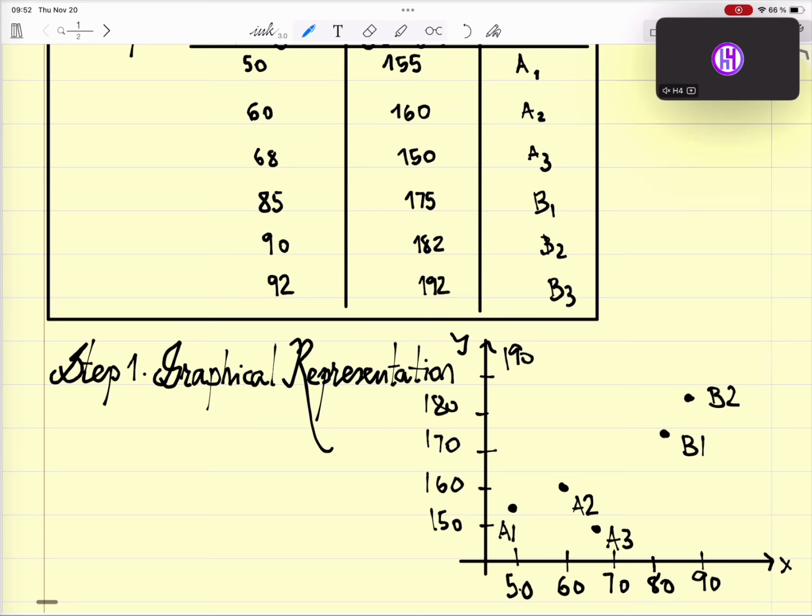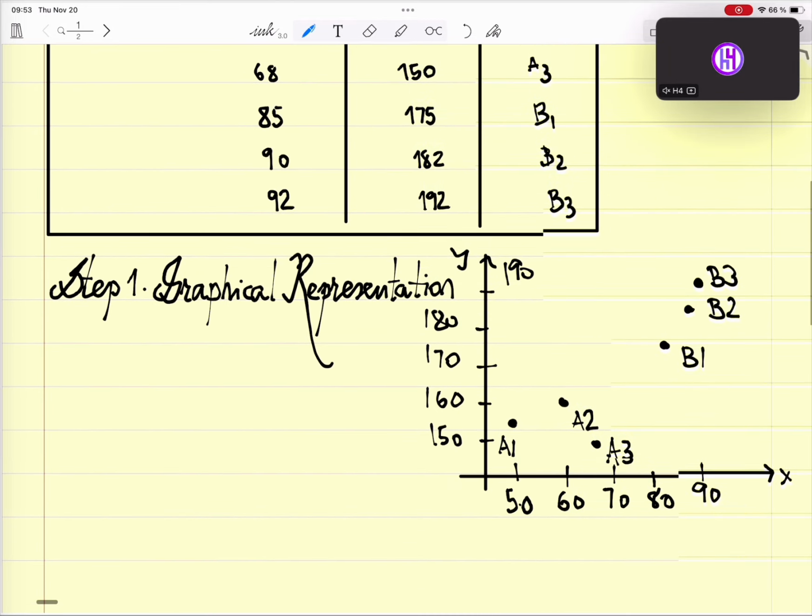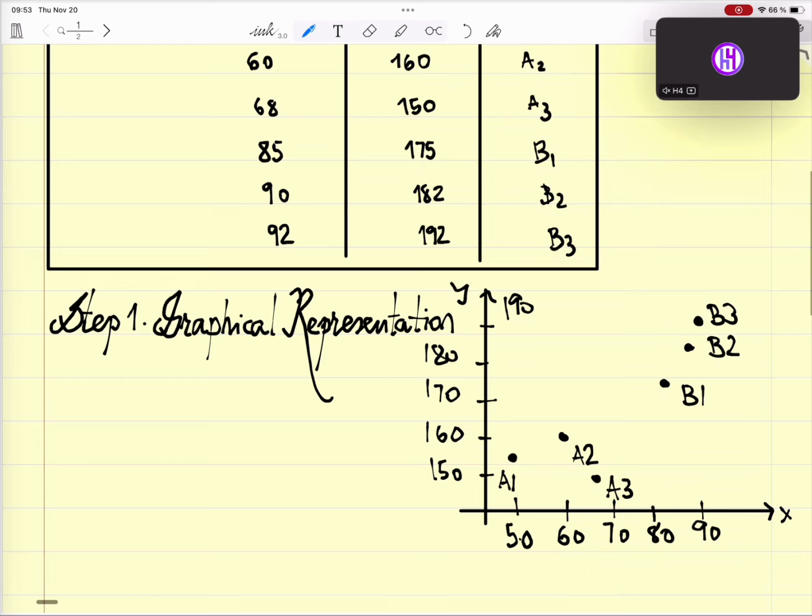And 92, 192, somewhere here, B3. So this is the first step. And of course we know this is one group, this is the other group. We want to find the line that separates the two worlds, so that when we get a new data point, we know to what category it belongs.